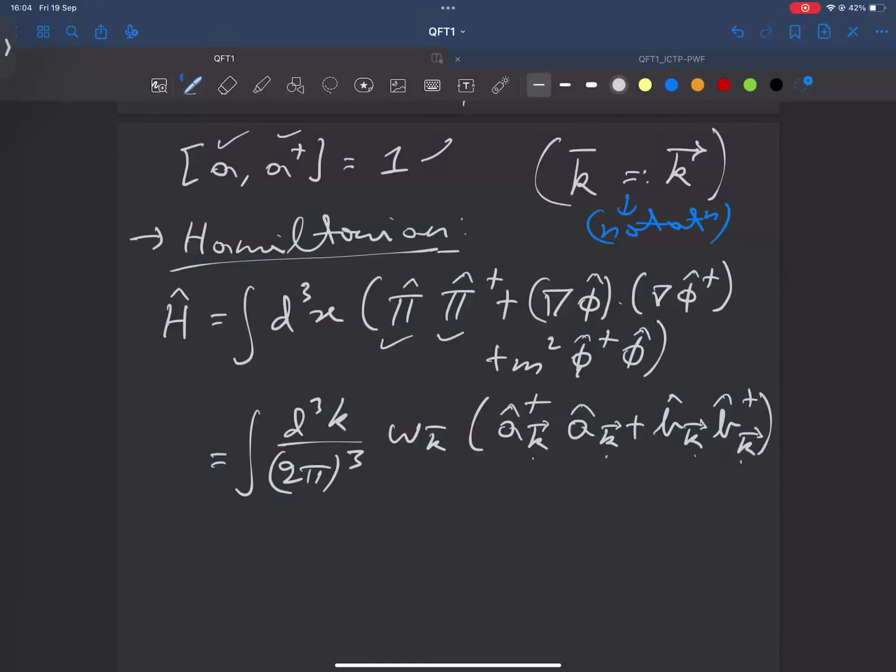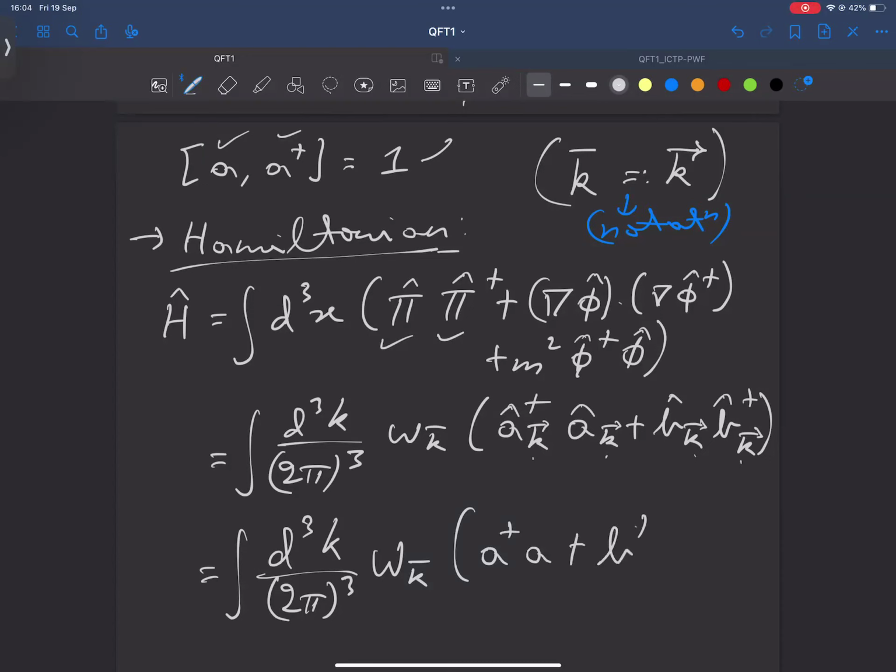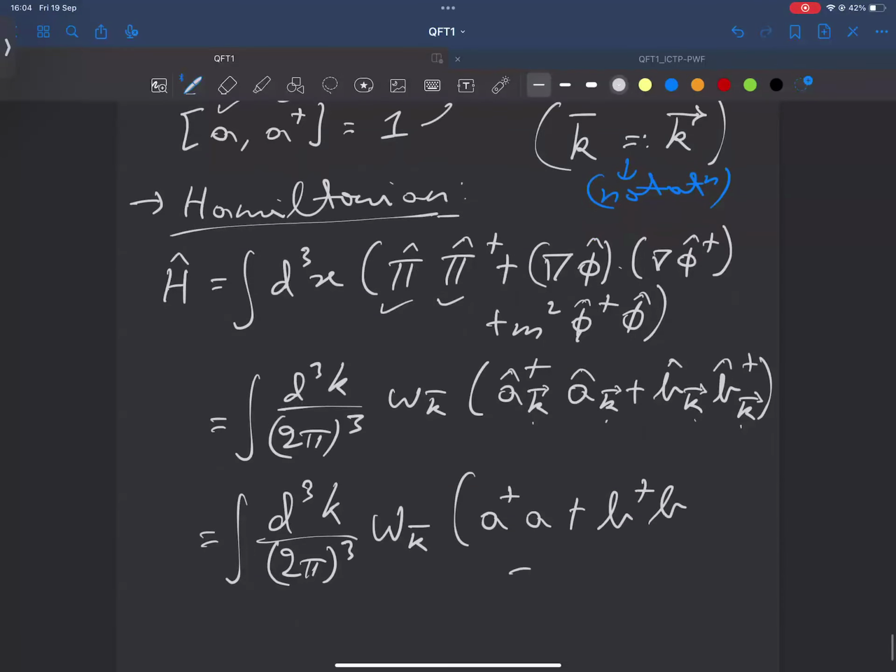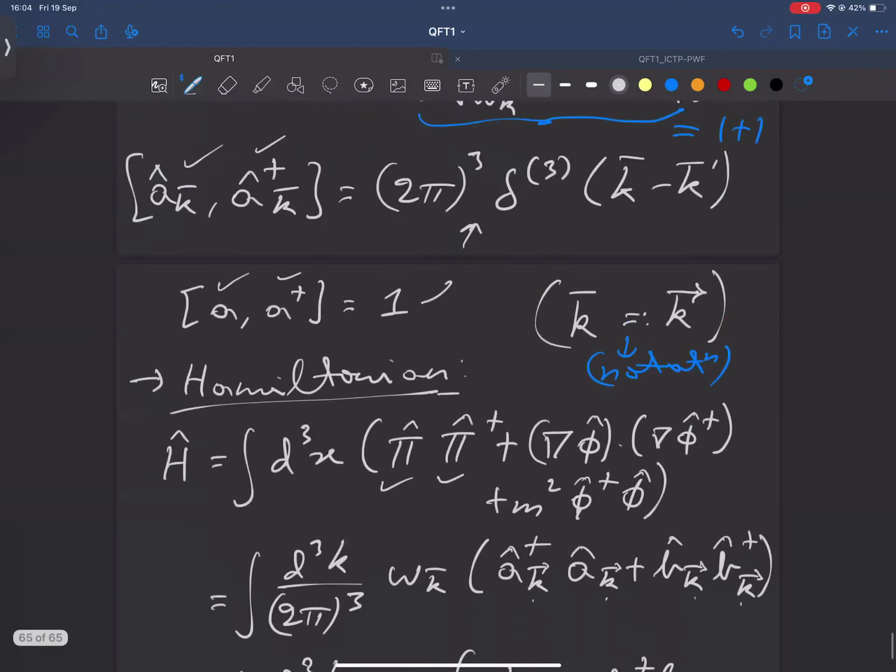Now you can show that the Hamiltonian looks like this. But if you use the commutation, then you can write this in this way too. Again, let me just write it schematically: B dagger B plus 2 pi cubed delta 3 at 0, because that's what you get.